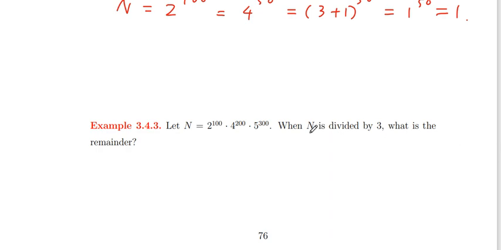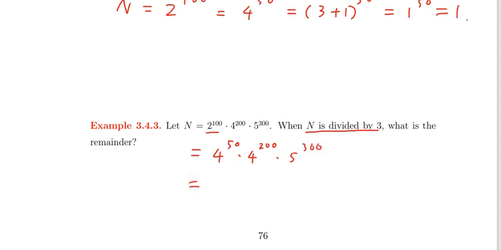Okay, so here the same story. So this number divided by 3, what is the remainder? So we can check. Here we just change this as 4, 450, 200, 5, 300.